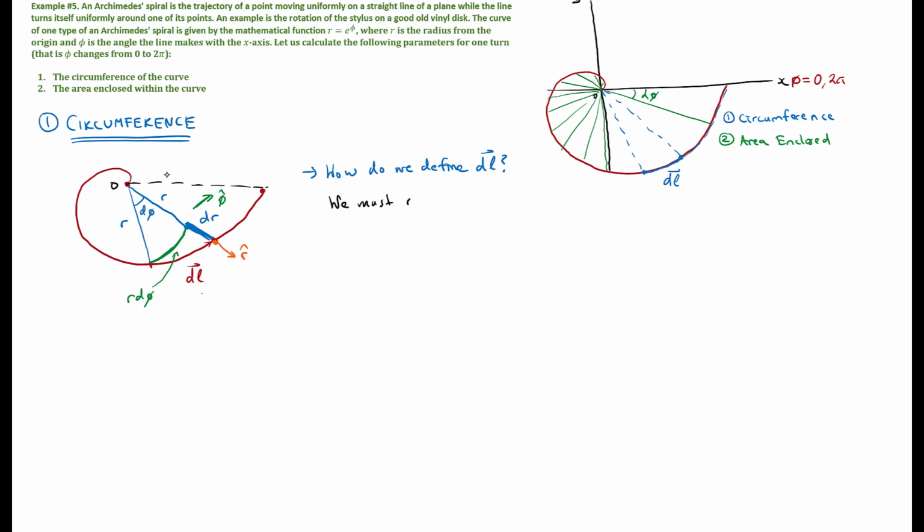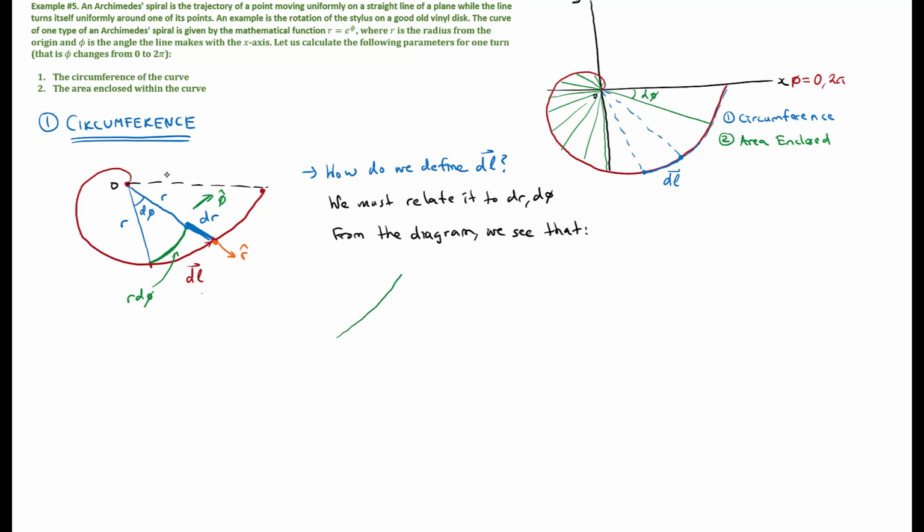We must relate it to dr and d phi somehow. So from the diagram, what we see is that this can be vector addition.